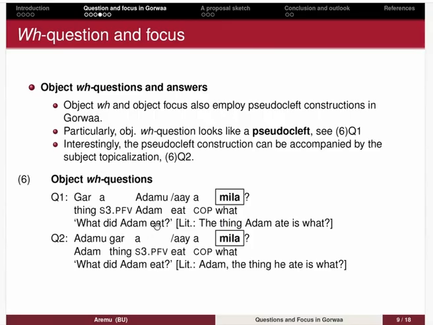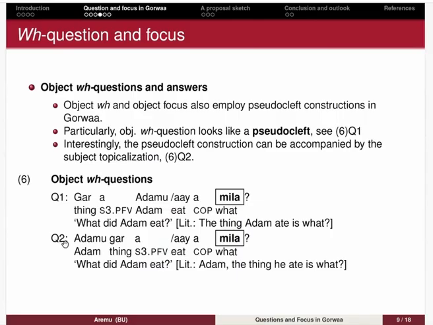That is the question that was asked, right? So what did Adam eat? Now we see again the Mila, which is the object WH phrase, follows the copula. So you have a relative clause, the copula, and then the WH object phrase. So what it literally means is the thing Adam ate is what, right? So the thing Adam ate is what.